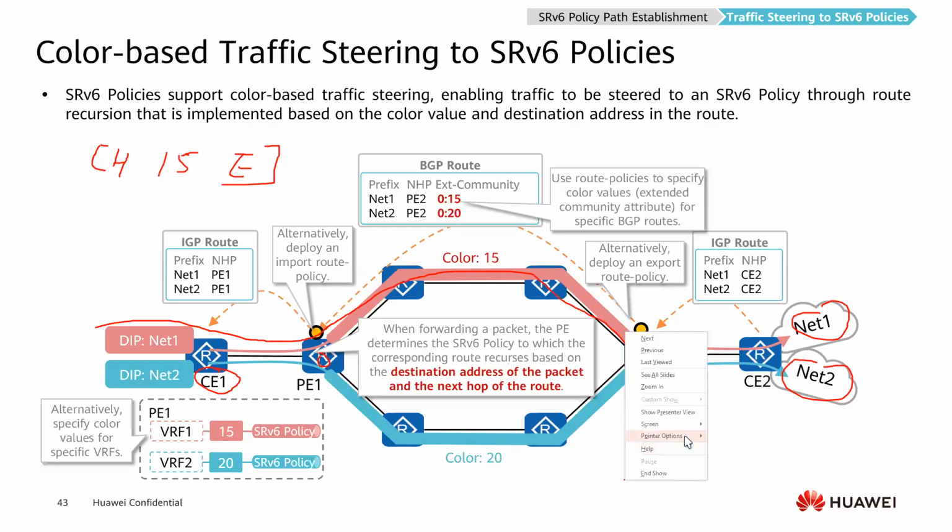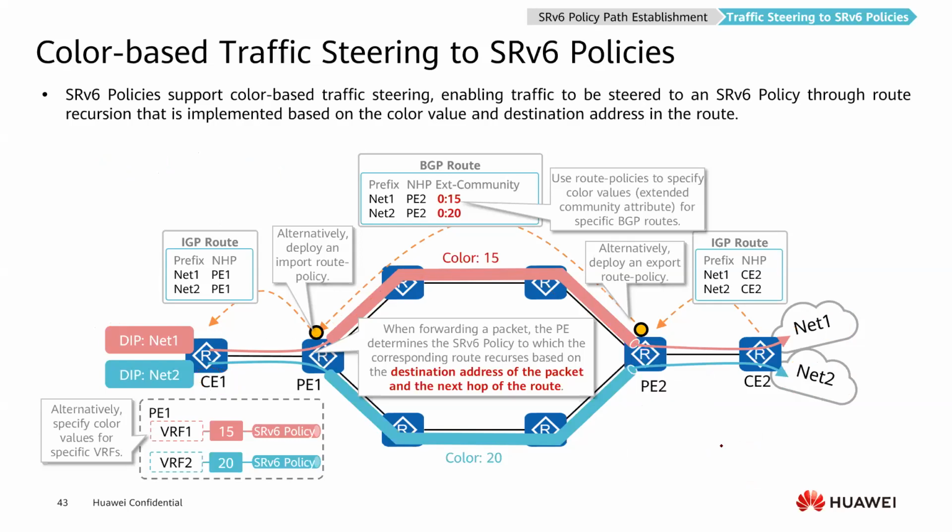So how to do it? Very simple. Let's look at how they forward the route entry, and you will know. CE2 sends to PE2 using a normal route.